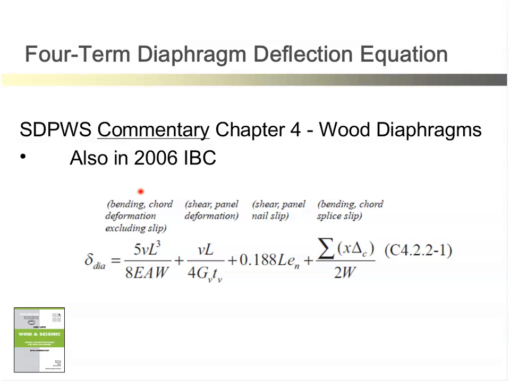The first term handles chord deformation, excluding slip. The middle two terms handle panel deformation and nail slip, and then the final term handles chord splice slip. The Wind and Seismic Standard provides you the option to use this four-term equation if you so choose.